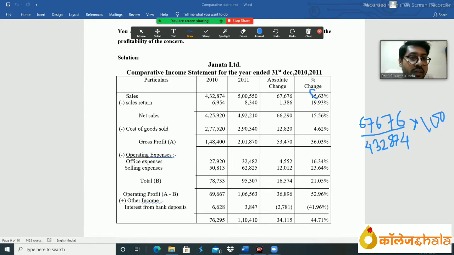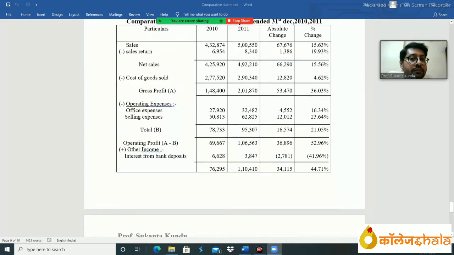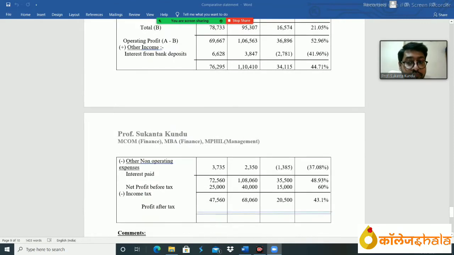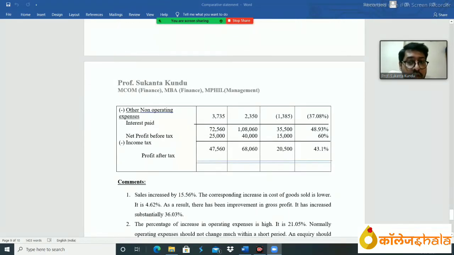You will get 15.63%. Okay. Now you will get profit after tax, find out the absolute change and percentage change.